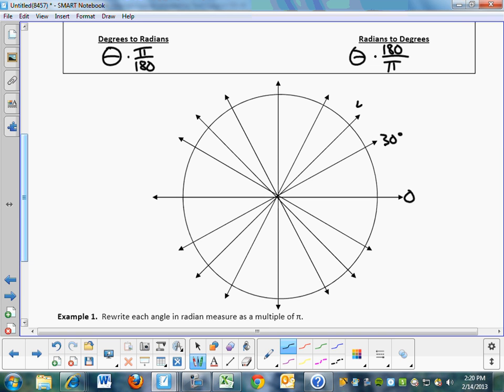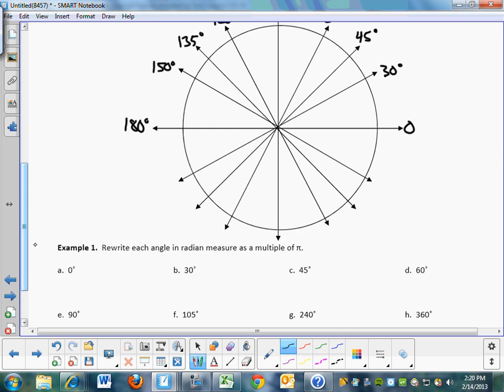Then 45, 60, 90, 120, 135, 150, 180, 210, 225, 240. Just keep saying numbers, so you know, odds are one will be right.